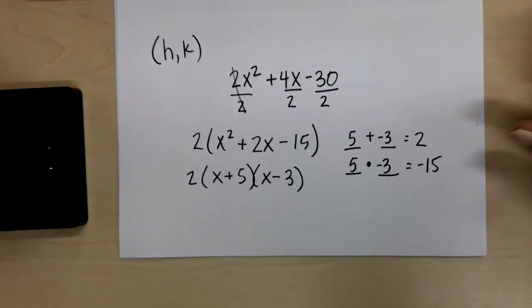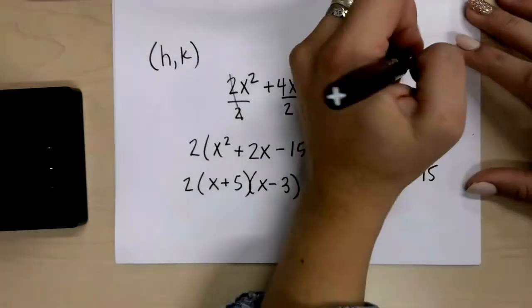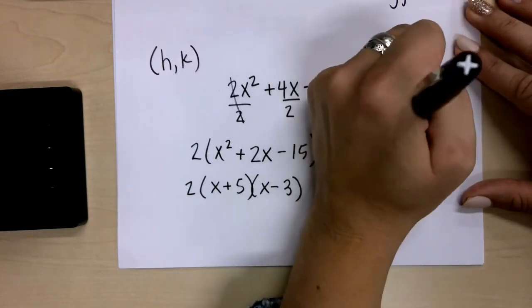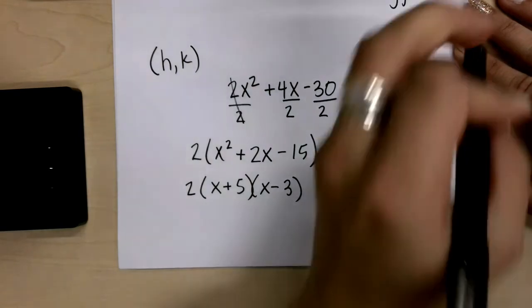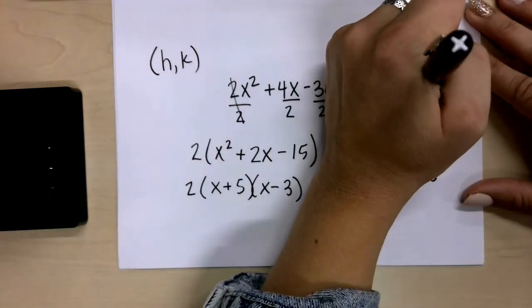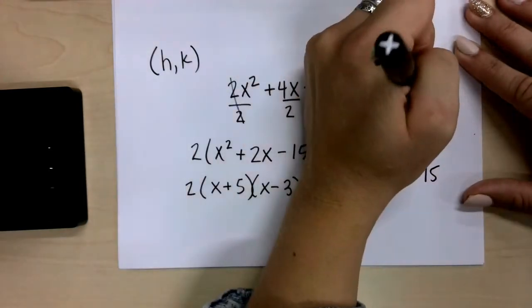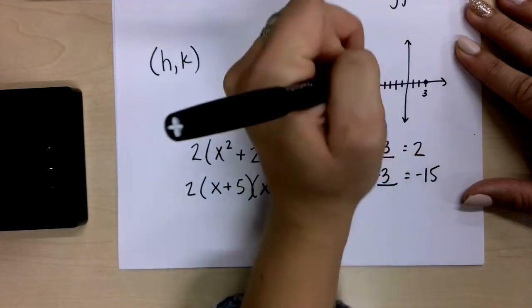So from here, I have an idea of what this graph would look like. So I'm going to put that here. If I would solve each of these by setting them equal to 0, I would have a positive 3 as one of my x-intercepts. So this is a 3, and a -5 as my other.